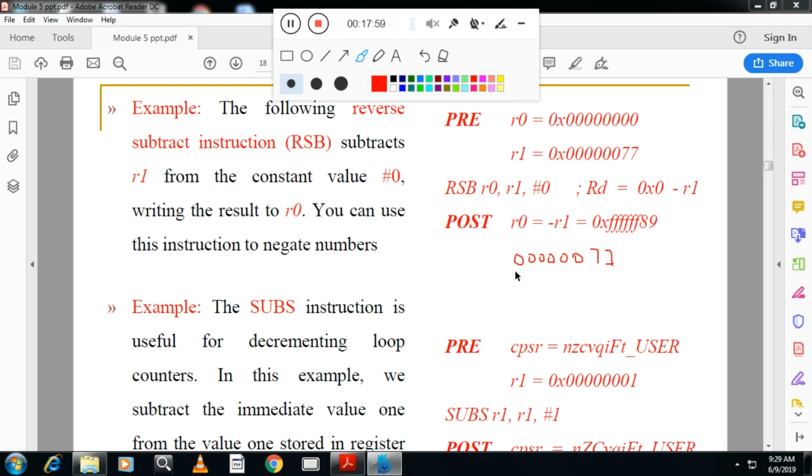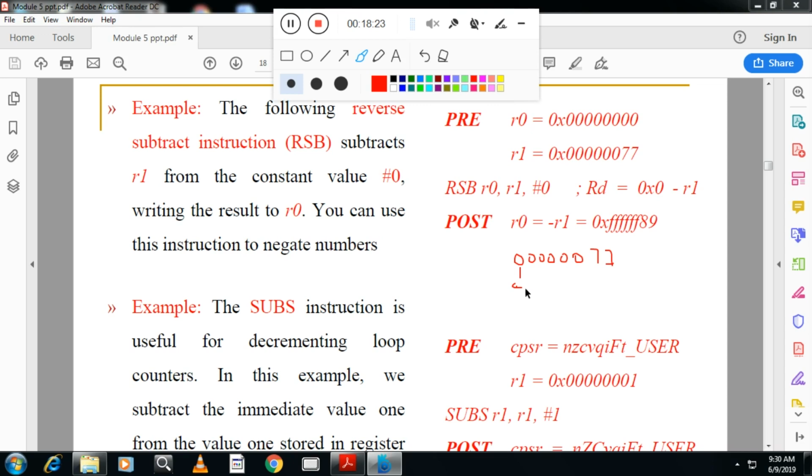No, 0 is a digit. There are 8 digits, so 32 bits. It is hexadecimal representation, not binary. Some of the students will get confused and take 0 as binary. No, it is hexadecimal. Please remember.